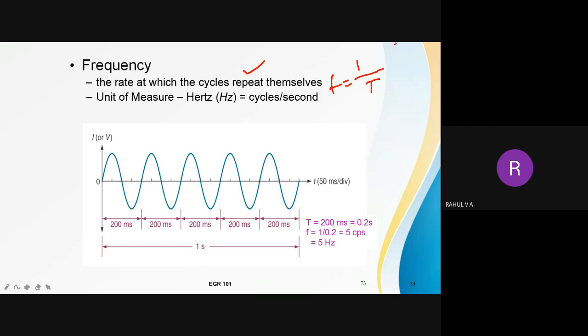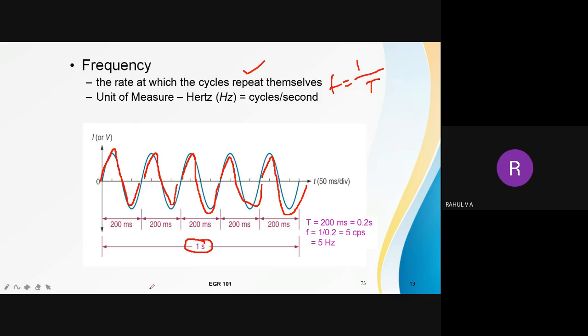Okay, now assume this is a 1 second time duration. If you observe this waveform, this is one cycle, this is the second cycle, this is the third one, this is the fourth one, this is the fifth one. So how many cycles are there in this waveform? 5 cycles.